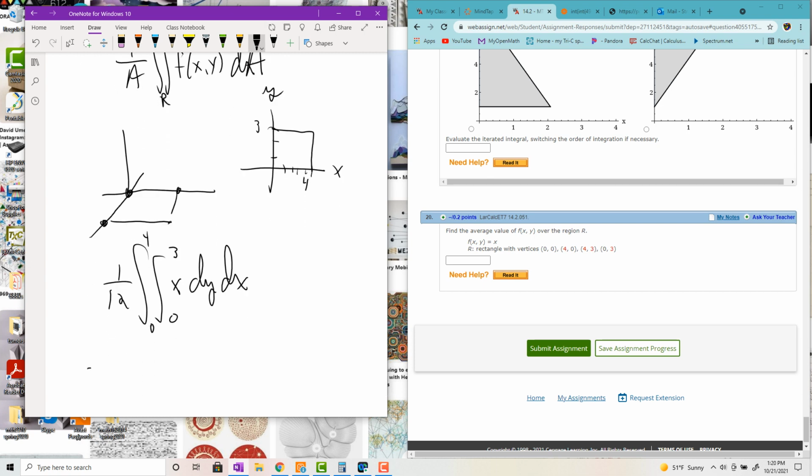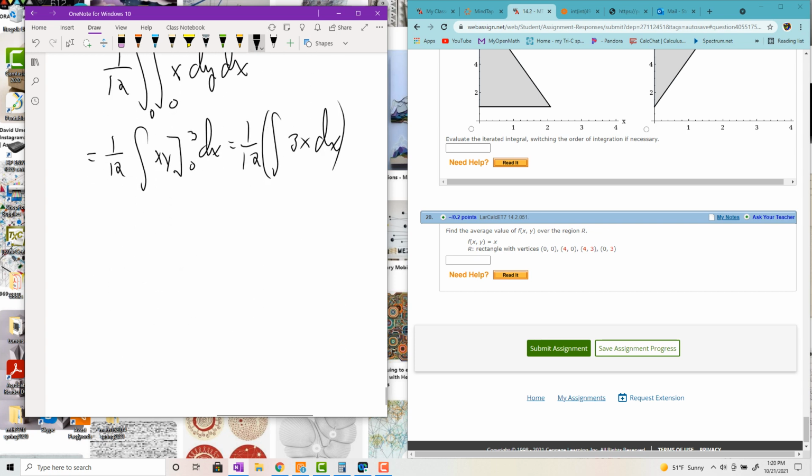So this would be 1/12 times the integral of xy from 0 to 3 dx. That would be 1/12 times the integral of plugging in 3 for y, so 3x dx, and then integrate that from 0 to 4.